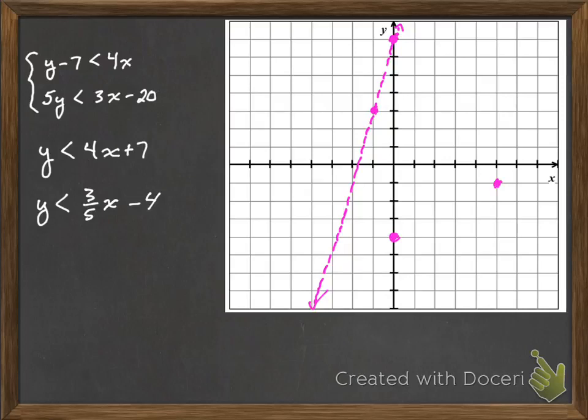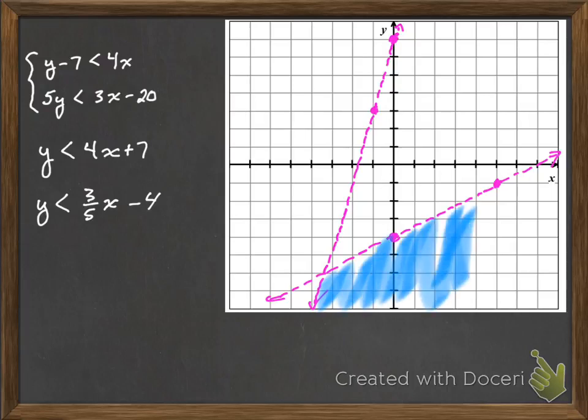This also is a dashed line because it does not have an or equal to on it. And this is less than as well, which means we will shade below this line. So we're looking at shading below this line and below this line. So the overlapping shaded region is going to be located down here.